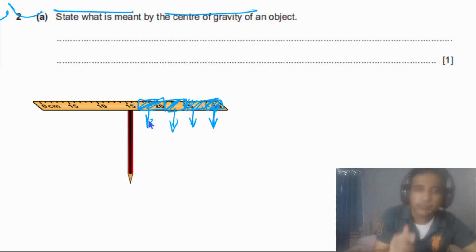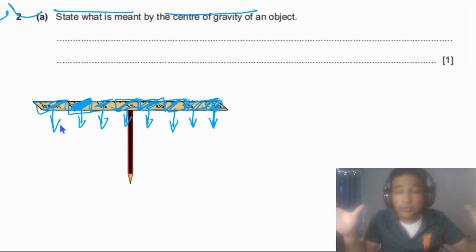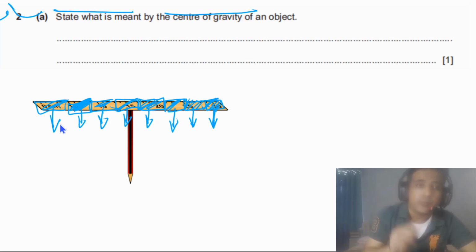In this piece of meter rule, it has certain mass, so there is force of gravity on that. I can take the next part, so there will be force acting downwards. Here force is acting downward, here force is acting downward, weight, and here weight is acting downward. And all these forces I can replace with one single force.